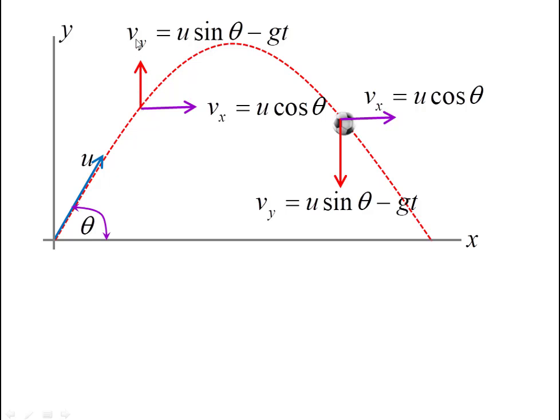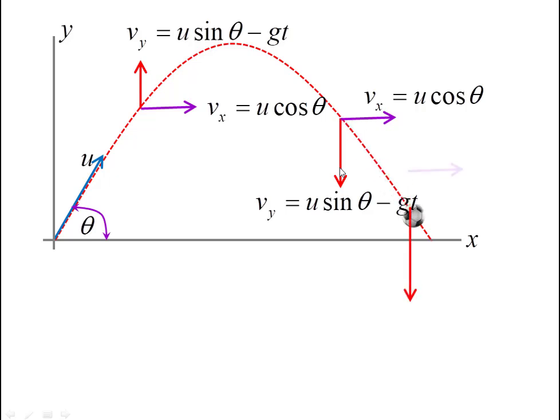Here, Vy is u sine of theta minus gt. Sometime later, now it is up. Sometime later, it will also be down, but it could be even larger in magnitude. So the y component changes with time, but the x component is always constant.